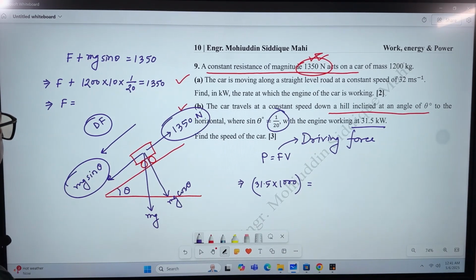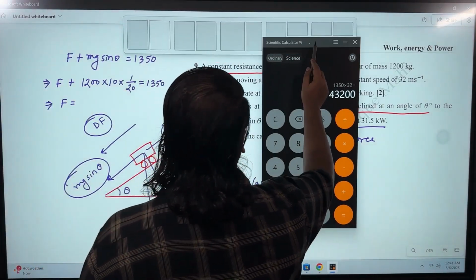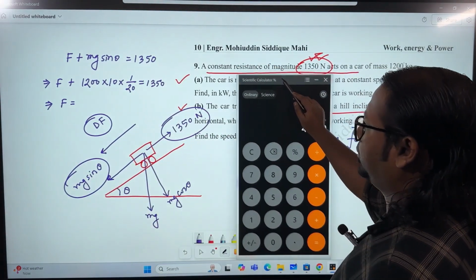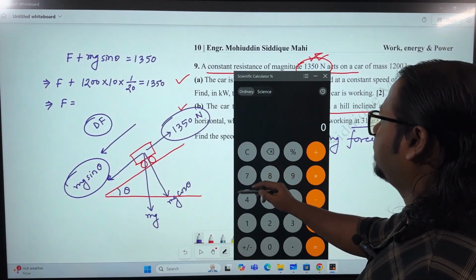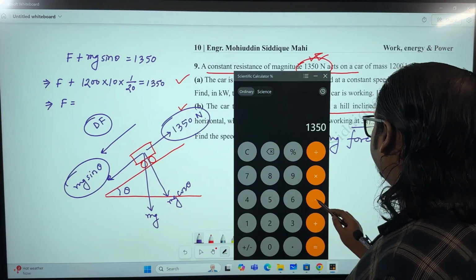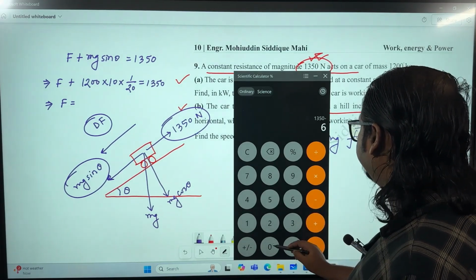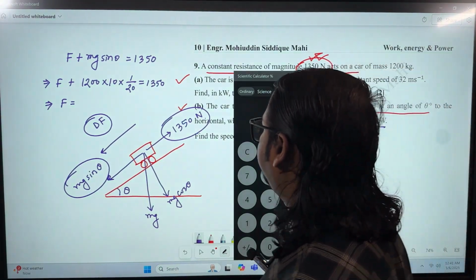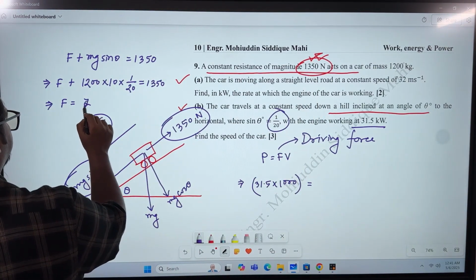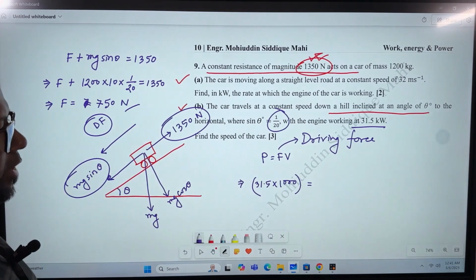So from here we will get F. 1350 minus 600, that's 750. That will be the driving force.